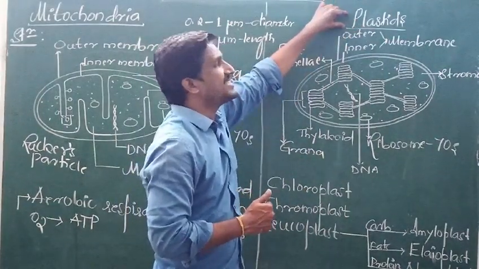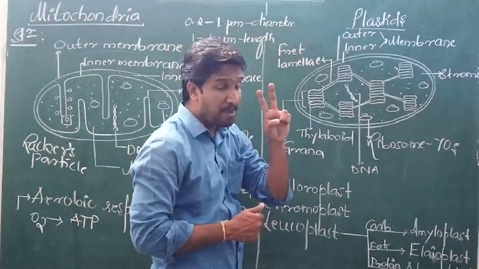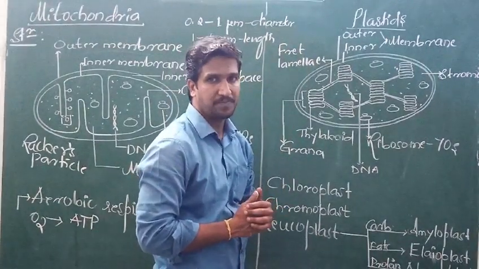Plastids are double membrane bound cell organelles.